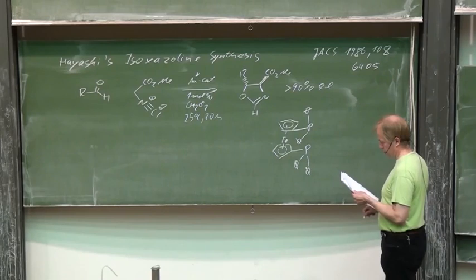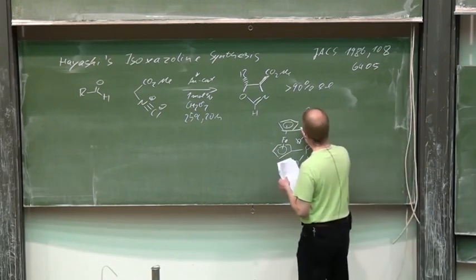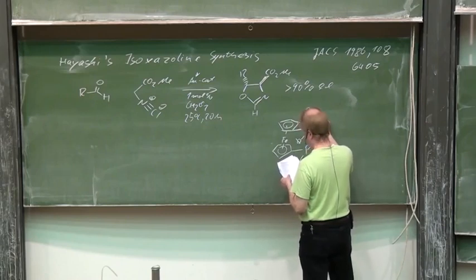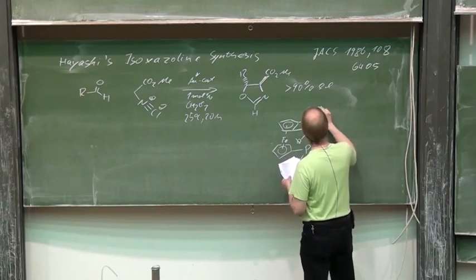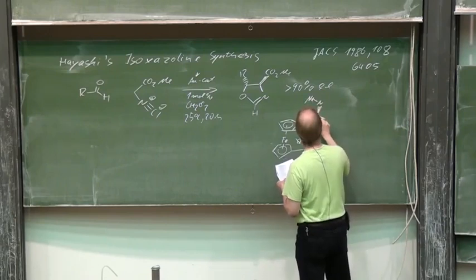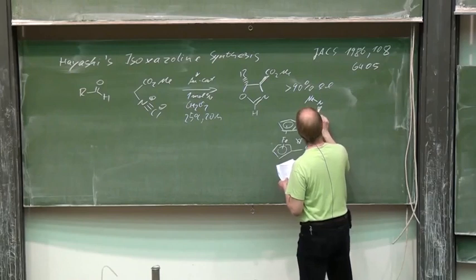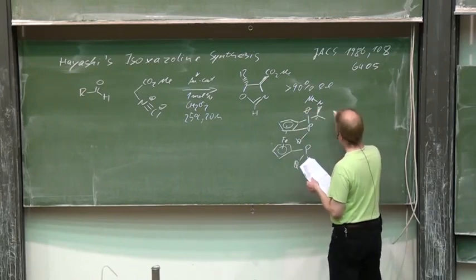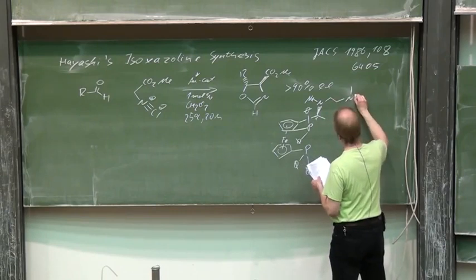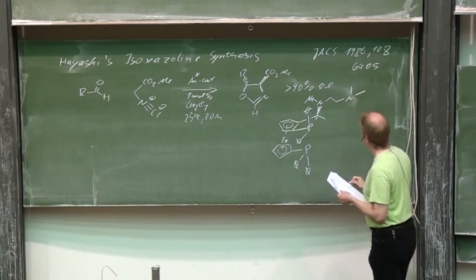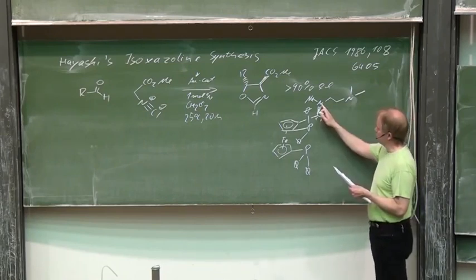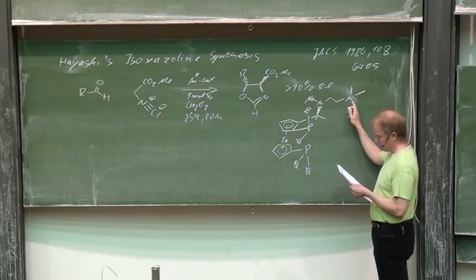In addition, we have a side chain with a chiral center at this position, and, well, 2 basic centers, that nitrogen and that one.